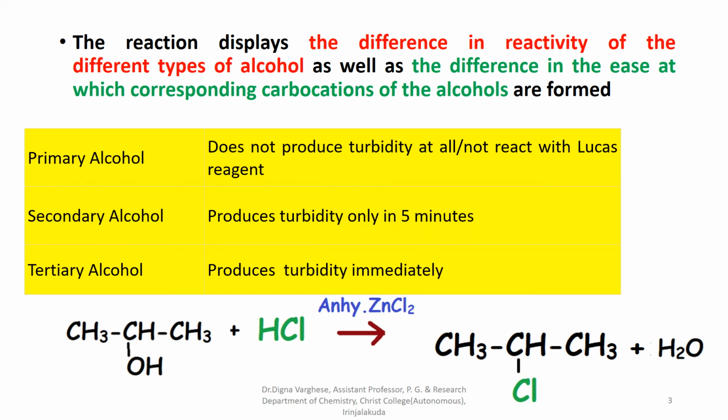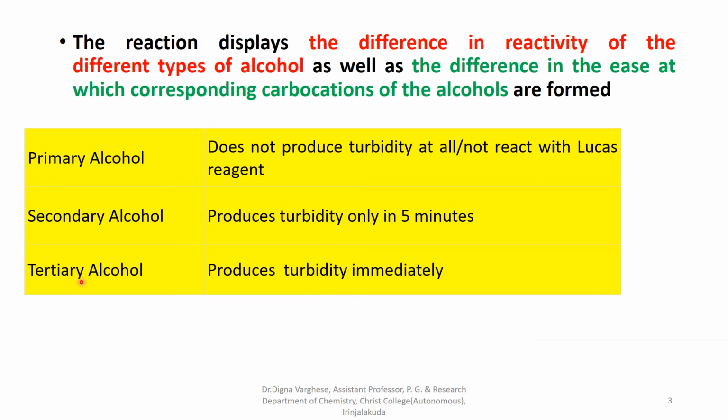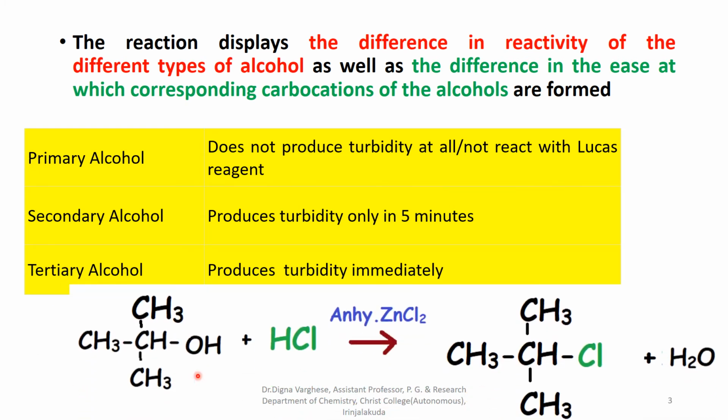Next case is for tertiary alcohol. What about the tertiary alcohol and Lucas reagent reaction? Here you can see a tertiary alcohol. A tertiary alcohol is an alcohol in which the hydroxyl group containing carbon atom is attached to three different carbon groups.